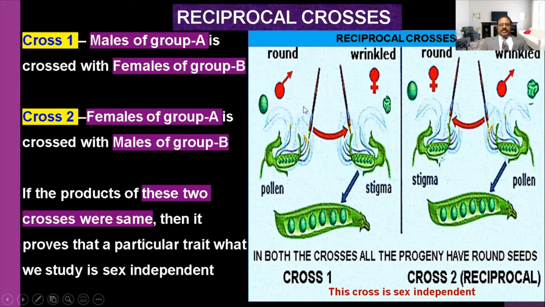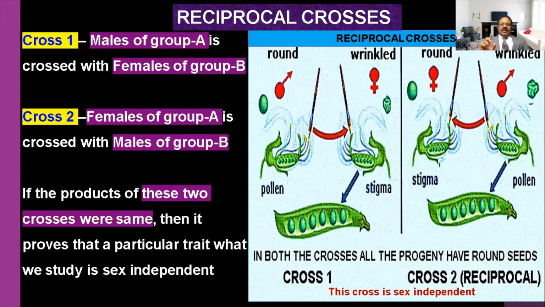What will we do in the first cross? We take the round seeded plant as a male and the wrinkled plant as a female. From the female flower, we remove the anthers. Here you can see no anthers are there. When we remove the anthers, self-pollination is avoided.